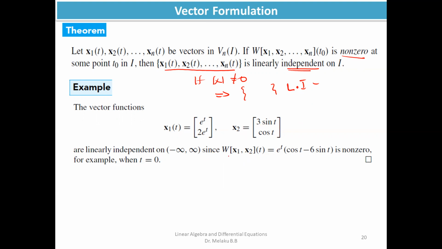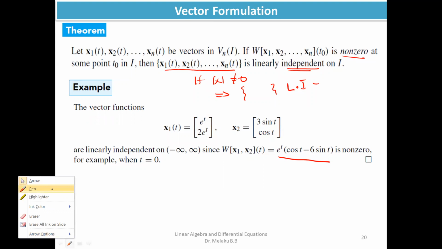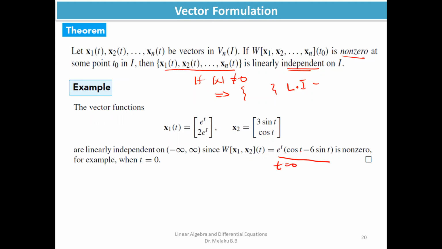What we have to do is find the Wronskian, which is the determinant of the matrix of x1(t) and x2(t), and this is what we obtained earlier. Then it is non-zero. For example, if t is 0, you can substitute here: cos 0 is 1, sin 0 is 0, so 1 times e to the power of 0 is 1. This will be 1, which is different from 0, so we can say that x1(t) and x2(t) are linearly independent.